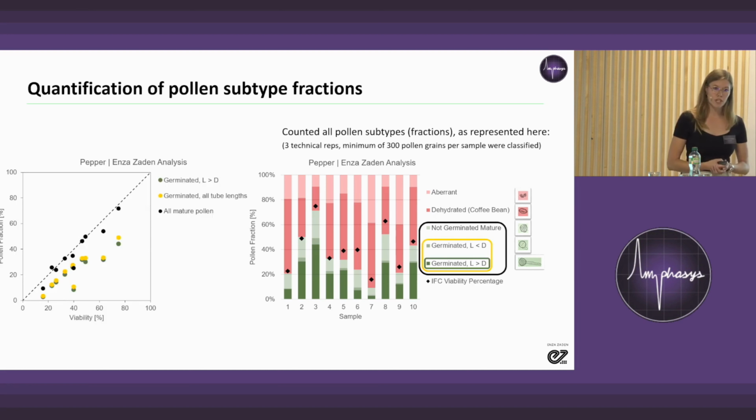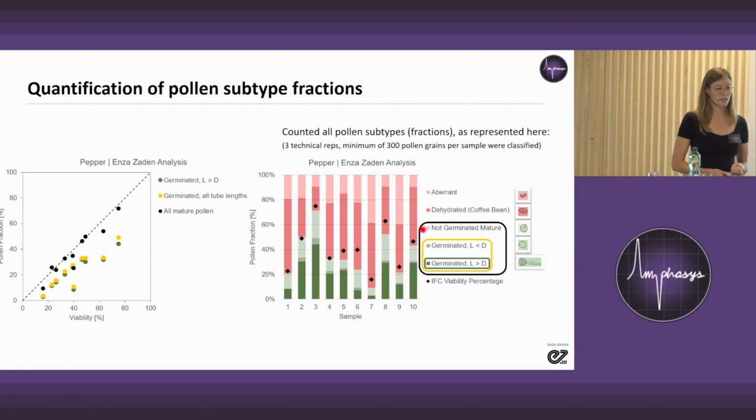If we visualize 3 of these fractions in a different way on a dot plot, then this is what you see. I indicated in green the germinated fraction with the long pollen tubes. In yellow are all germinated pollen grains, also including the smaller ones.